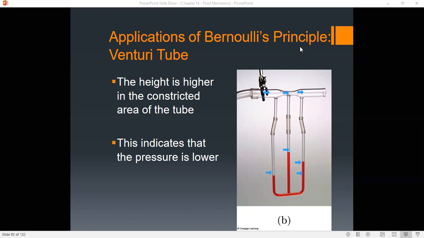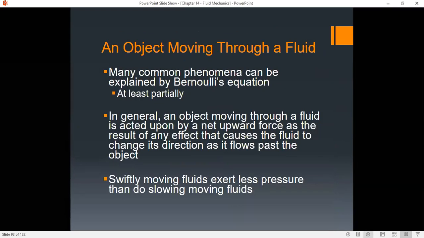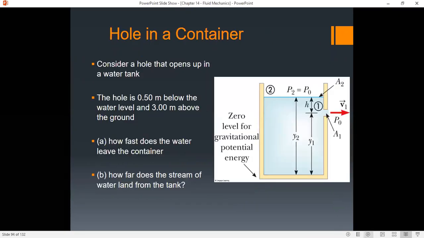So we don't quite get back to the original point, but again, this is not an ideal fluid. But this is a visual demonstration showing that Bernoulli's principle is valid. All right, so we can understand many common phenomena explained through Bernoulli's principle.